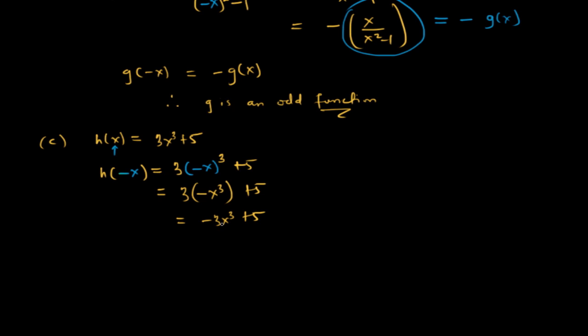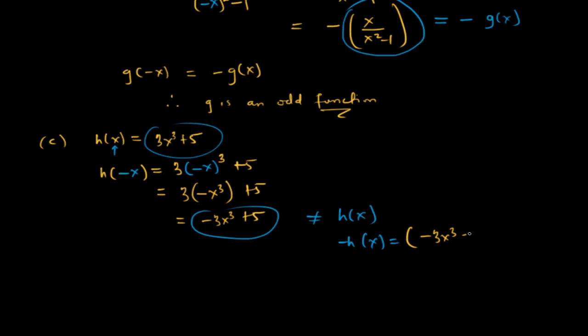The very first thing you observe is that when you compare this and this, they are not the same. So this does not equal h of x. Similarly, when you check negative h of x, the negative of h of x is negative 3x cubed minus 5.